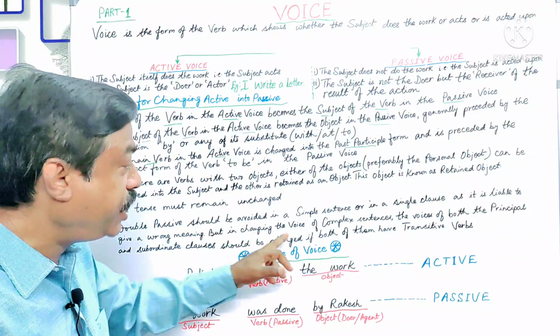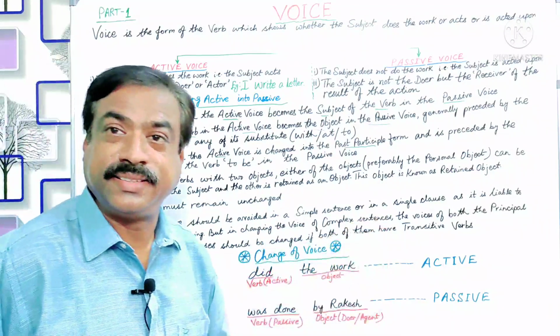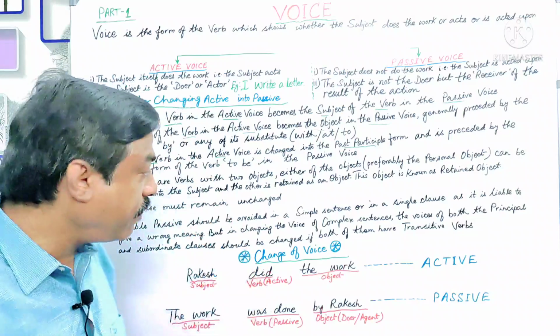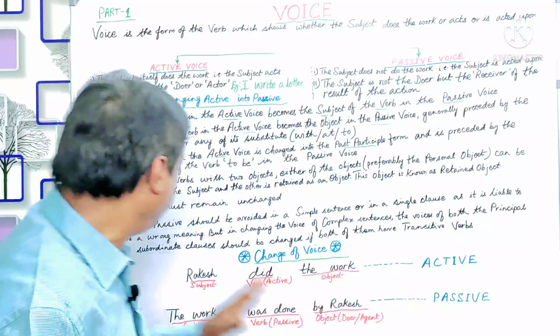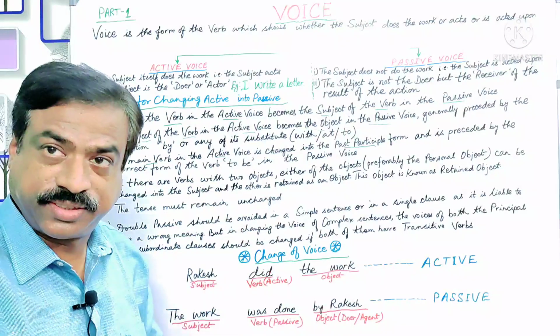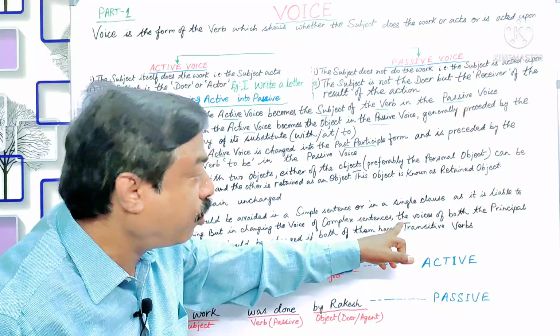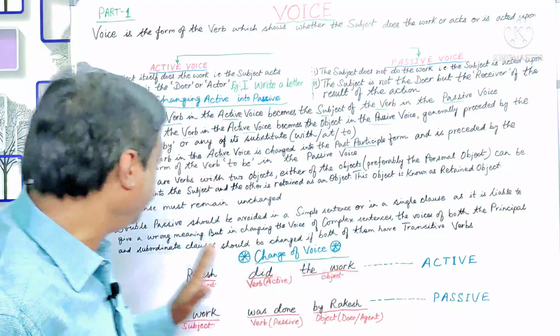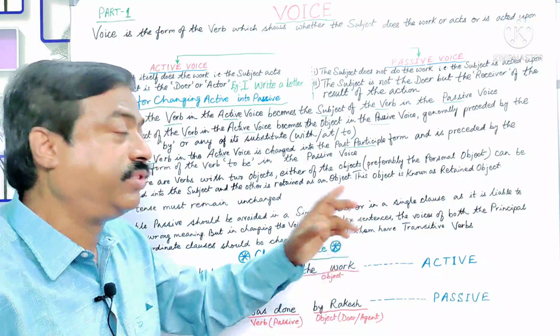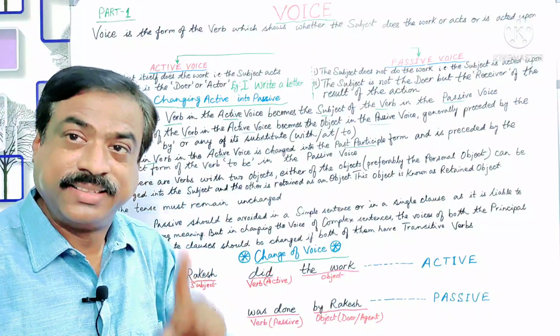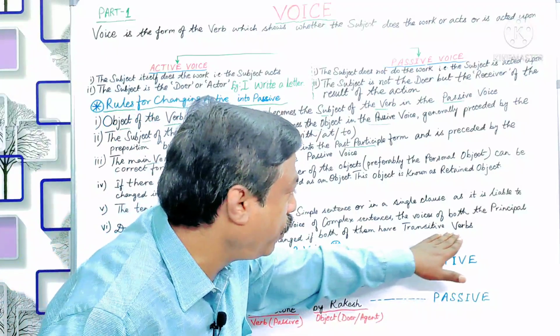But when we do have to change the voice of complex sentences, the very important thing here is that the voices of both the principal and subordinate clauses should be changed if both of them have transitive verbs. This is the very important point here.